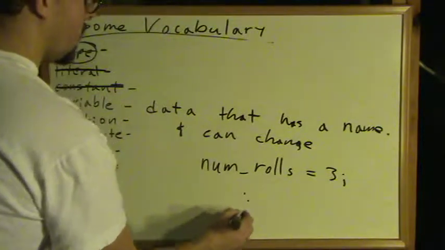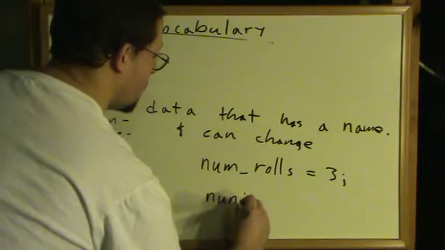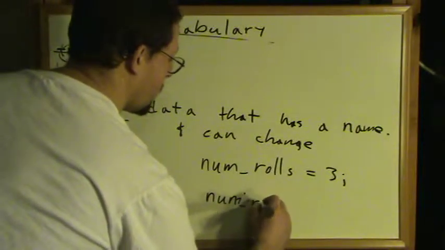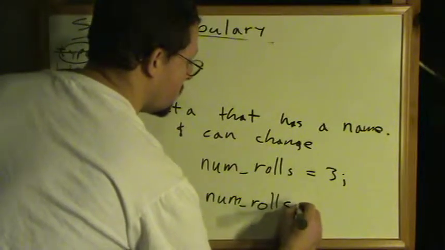And then sometime in our code, in the flowchart, I had said that we decrement the number of rolls by 1.